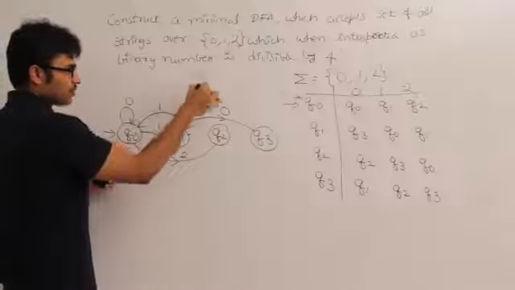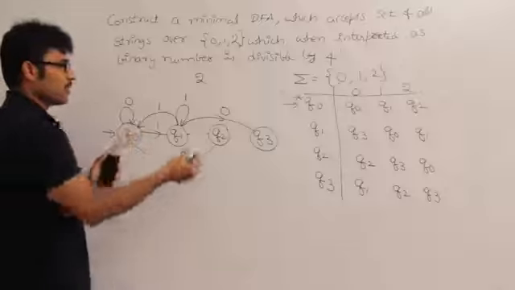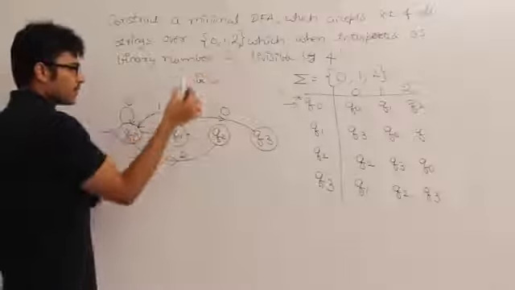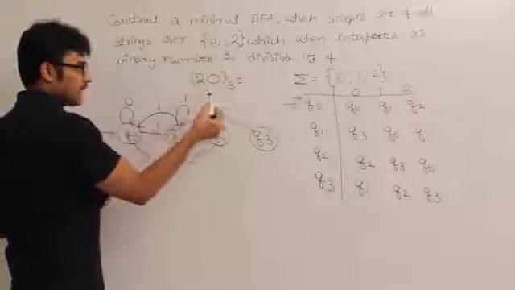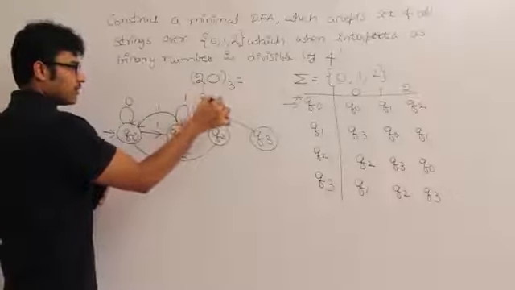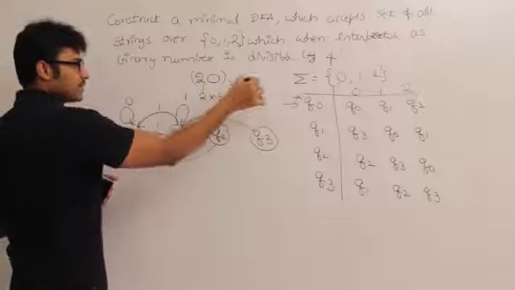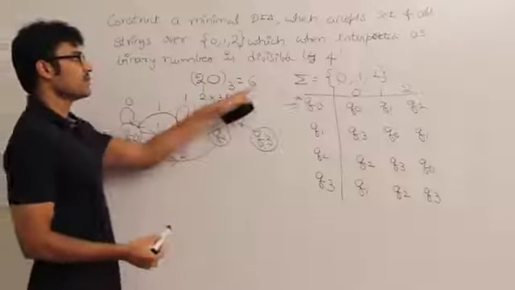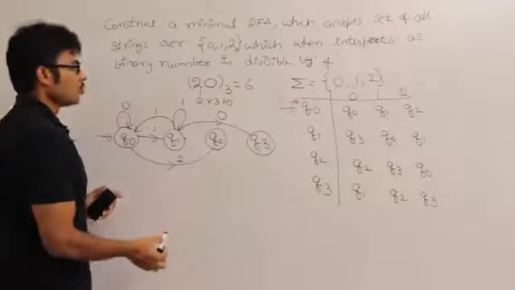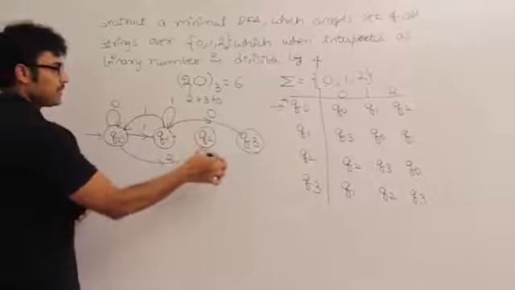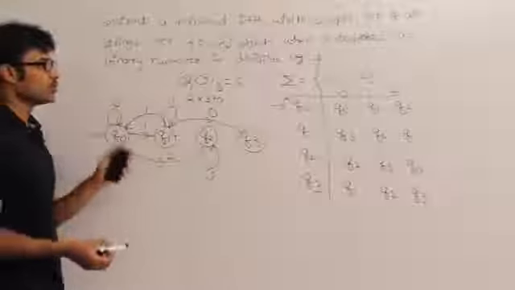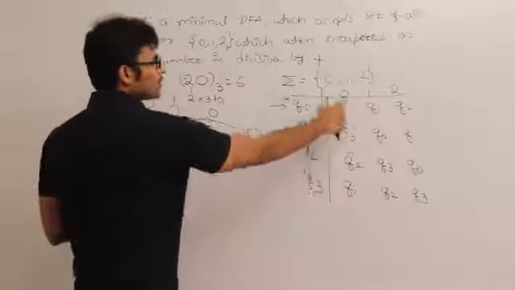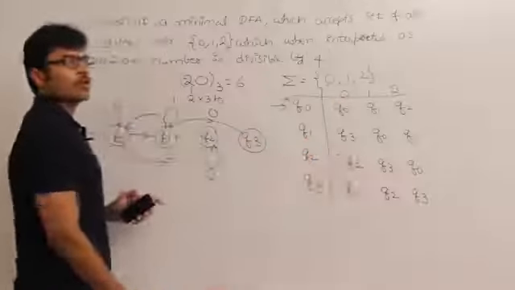Now if I see a 0, it means base 3 is 2 into 3 plus 0, which is 6. So 6 when divided by 4 gives a remainder of 2. Therefore on seeing a 0, I will be in Q2 only.